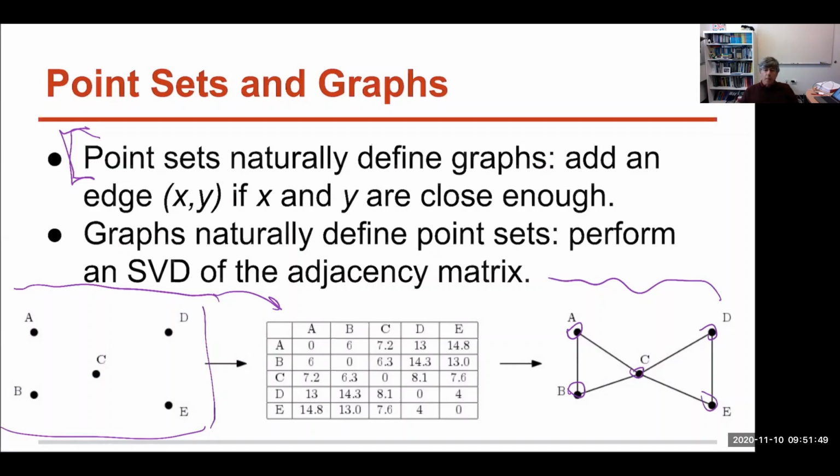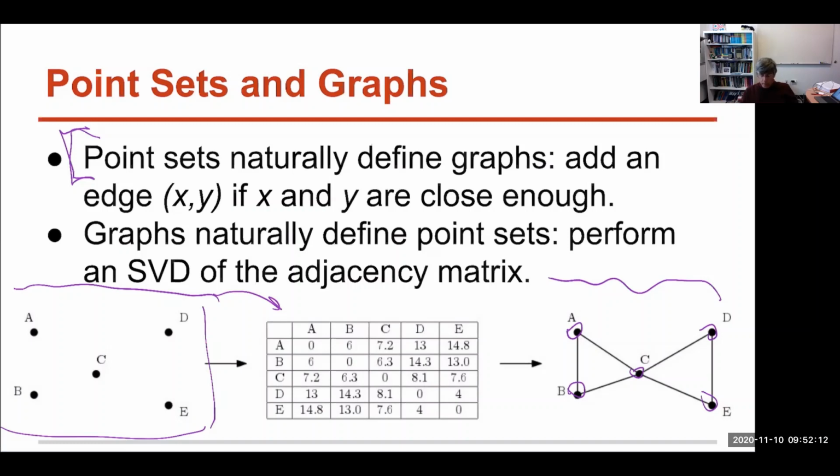And typically in such a drawing you would like things connected by edges to be nearby, and things connected by lots and lots of edges to be nearby. So there are all kinds of drawing algorithms for constructing two-dimensional drawings of graphs.